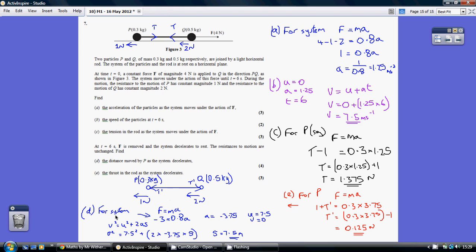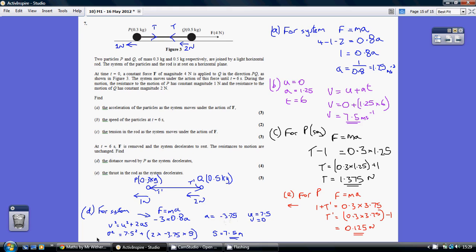So looking at the system as a whole for D, F equals ma, again Newton's second. Again, I'm considering left to right to be positive, so our net force is -1 together with -2, which is -3, a combined mass of 0.8, so our acceleration is -3.75.